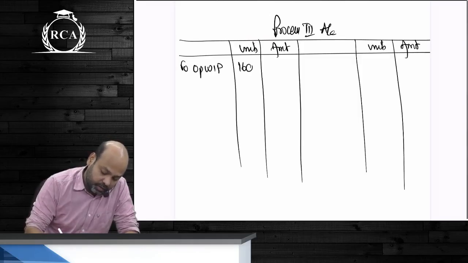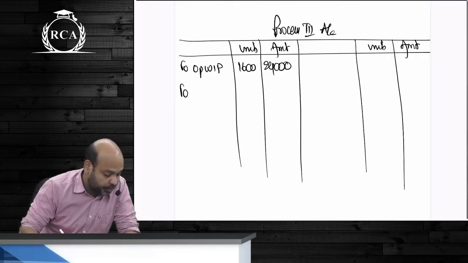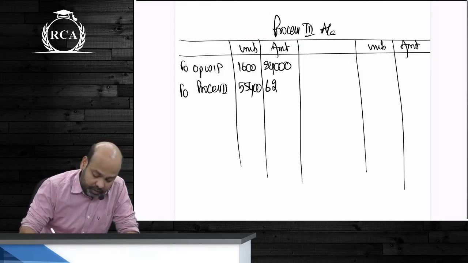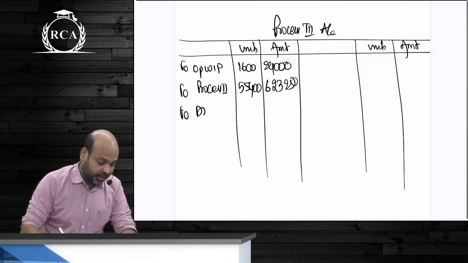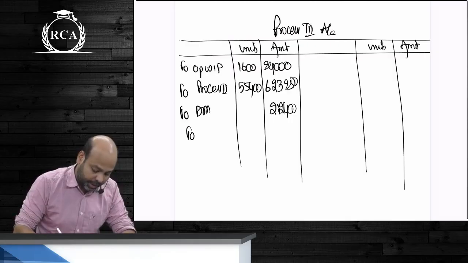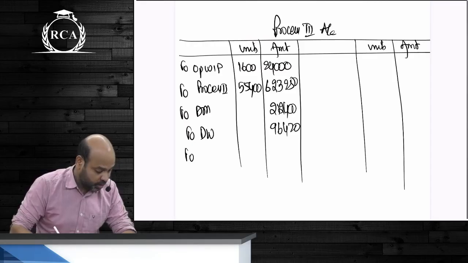Valued at 24,000. To process 2, guys, we have received how many units from process 2? 55,400 at 6,23,250. To materials, guys, direct materials beta, 2,12,400. To direct wages 96,420.